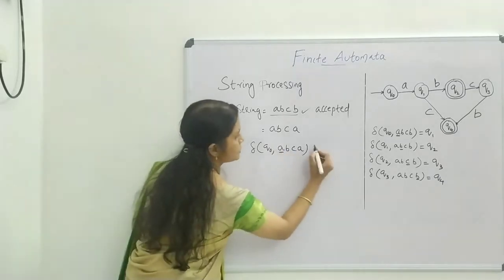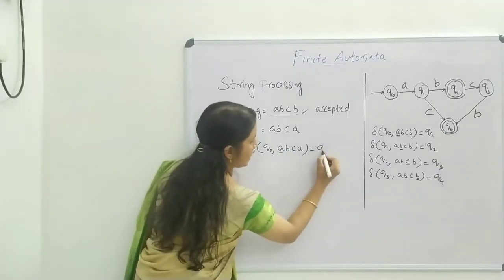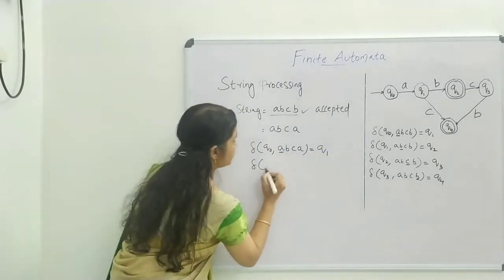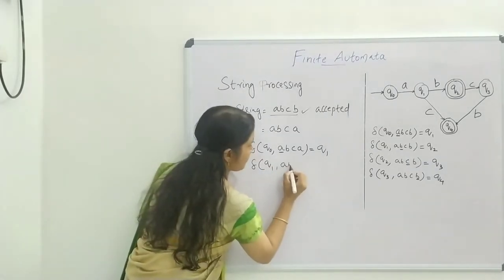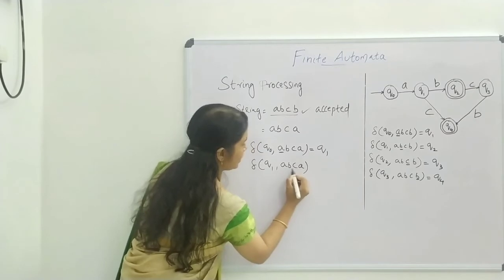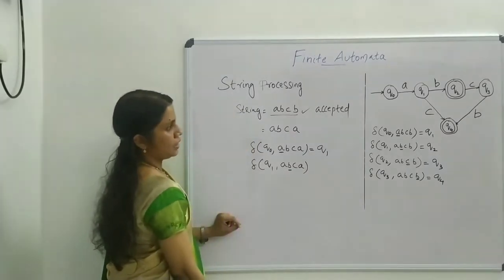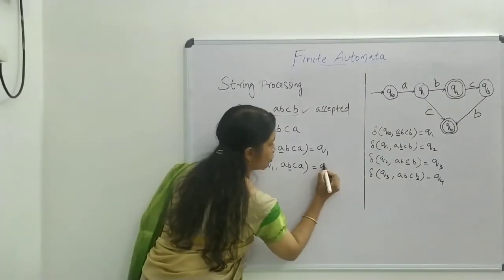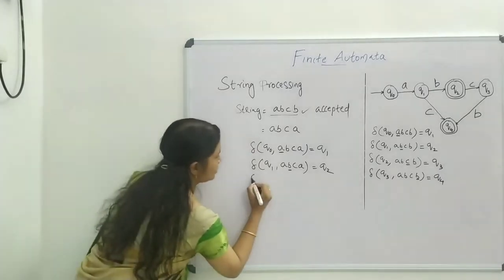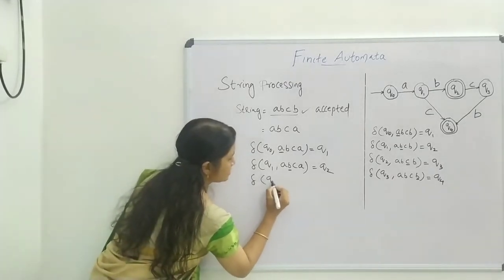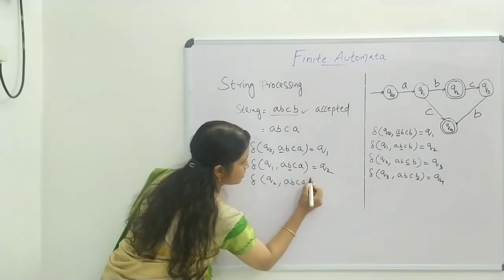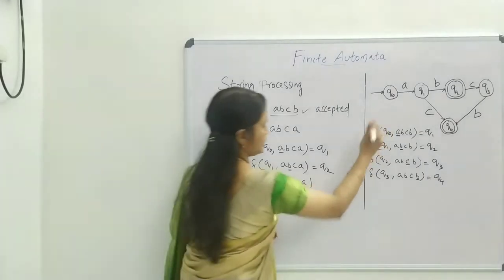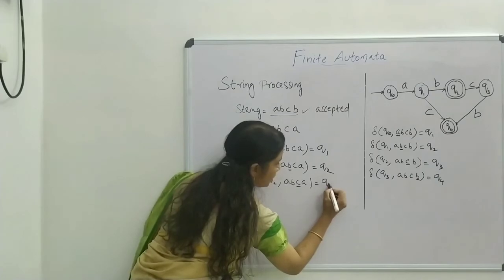Q0 on the input symbol A moves to the state Q1. Current state is Q1. On the input symbol B, it moves to the state Q2. Current state is Q2, and on the input symbol C, it moves to the state Q3.